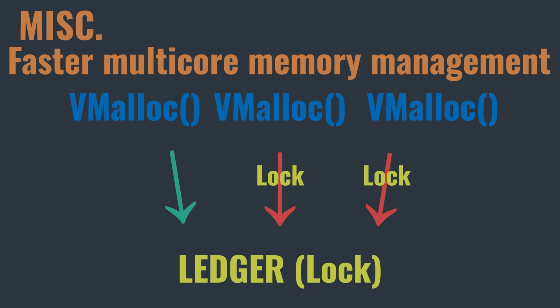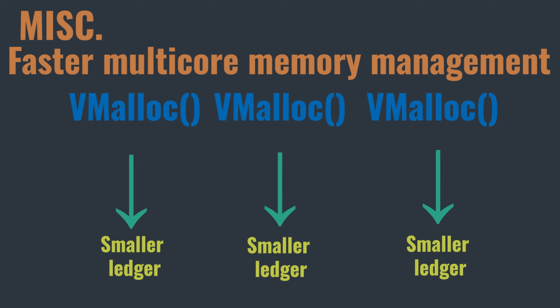So now the way that they fix this is that they split the memory lock system between each core. That way they didn't all have to look at the same big ledger of locks.